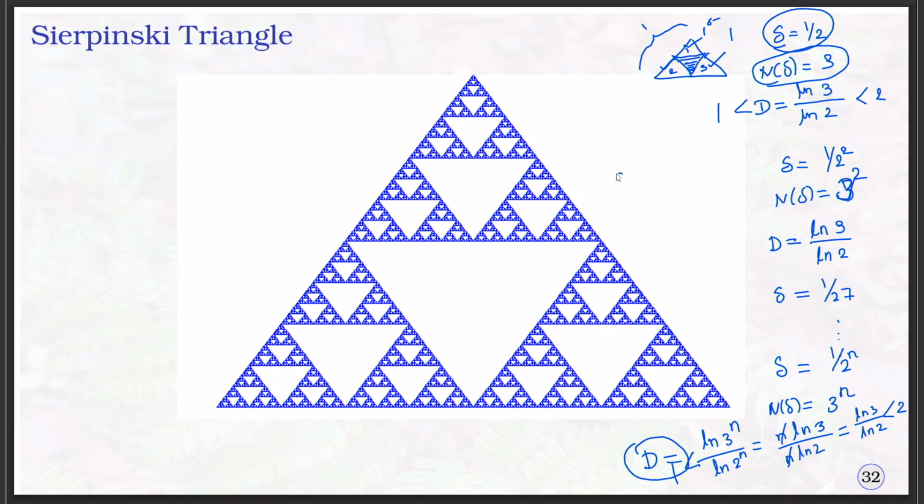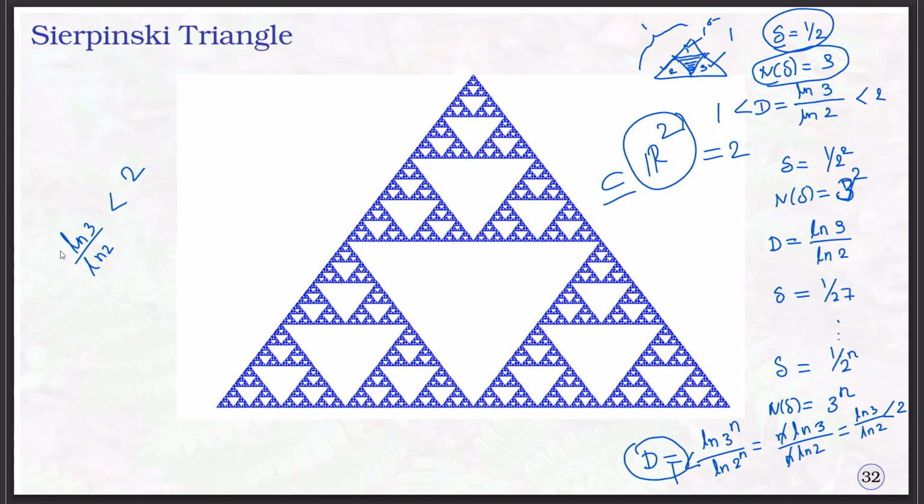And one can note that this Sierpinski triangle is embedded in R power 2. The box counting dimension of the set R power 2 is equal to 2, which we already discussed. Now, the Sierpinski triangle's box counting dimension is ln 3 by ln 2, which is less than 2, the embedded space dimension.